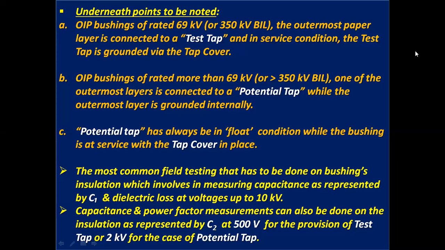Capacitance and power factor measurements can also be done on the insulation represented by C2 at 500 volt for a test tap, or 2 kV for a potential tap.